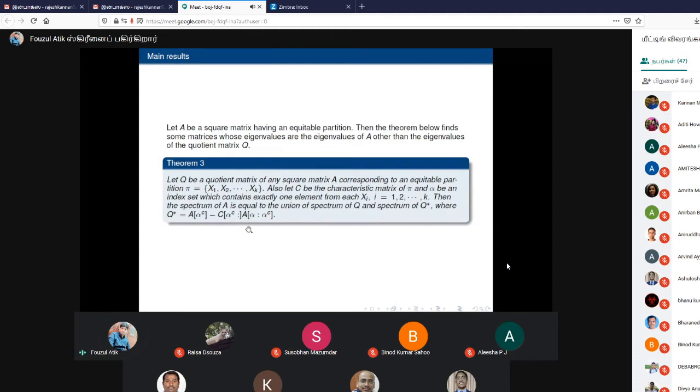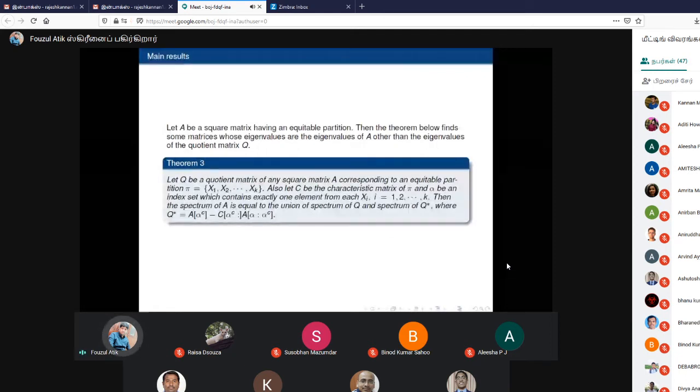We take the submatrix of the original matrix depending on alpha, then the characteristic matrix, and in this way we can find the matrix Q star which will contain the other eigenvalues of the original matrix. This proof I am not going to share. If someone is interested, I will show the reference where you can find the proof.